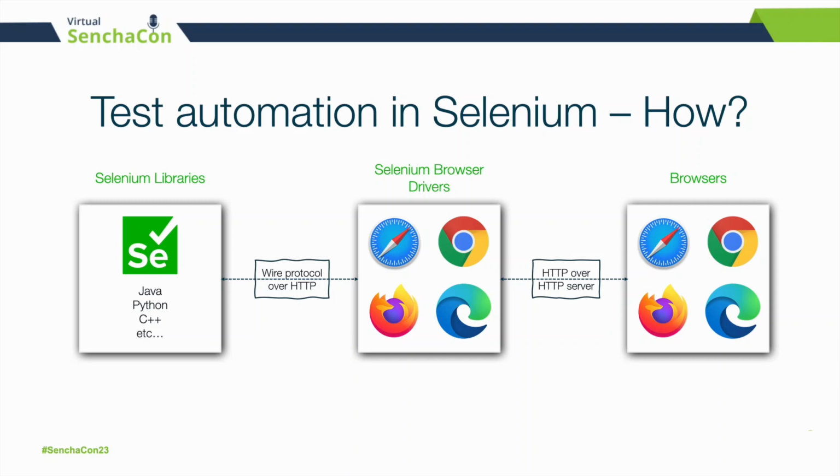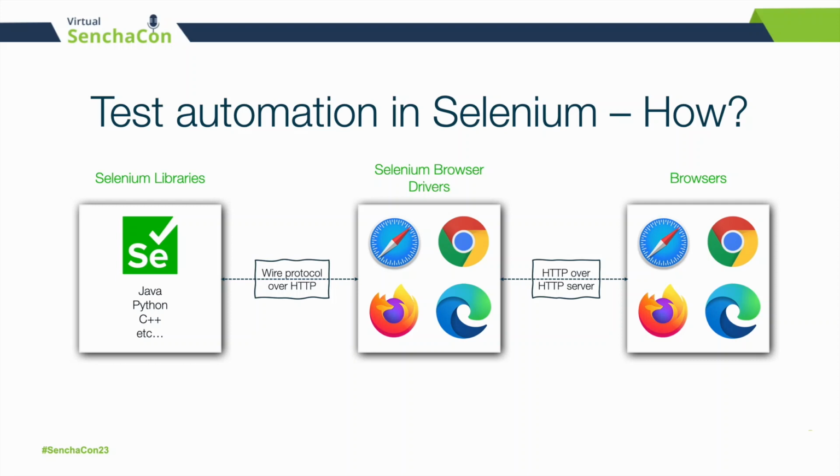Let's see how test automation is achieved in Selenium. As I said earlier, Selenium supports different languages, through different libraries like Java and Python. When we execute, the code is converted into JSON via the protocol and sent to the particular browser driver, where we launch our application under test.